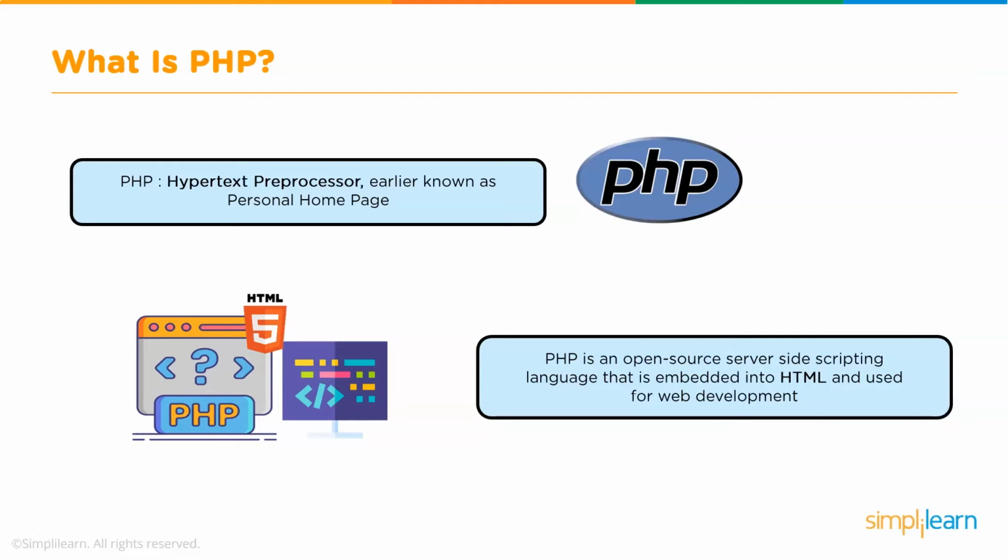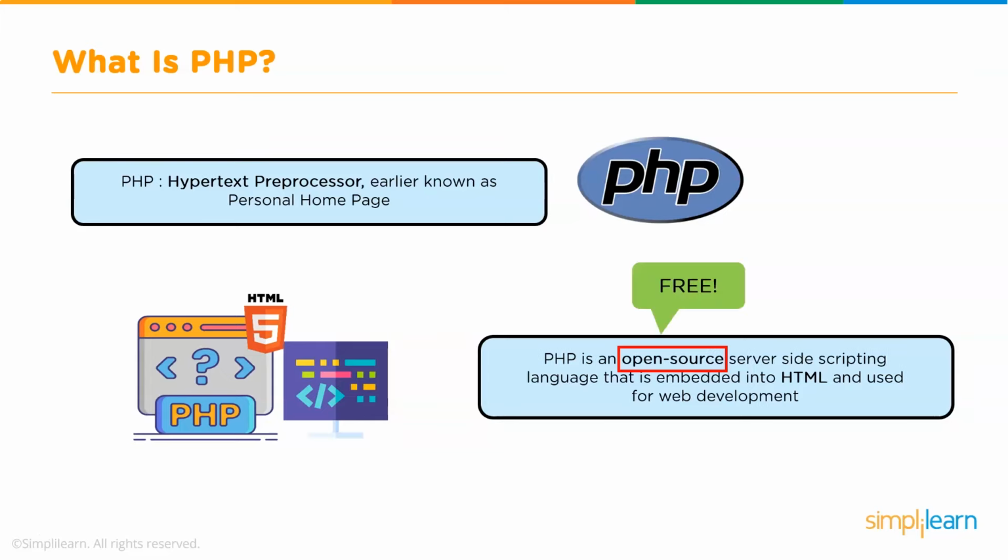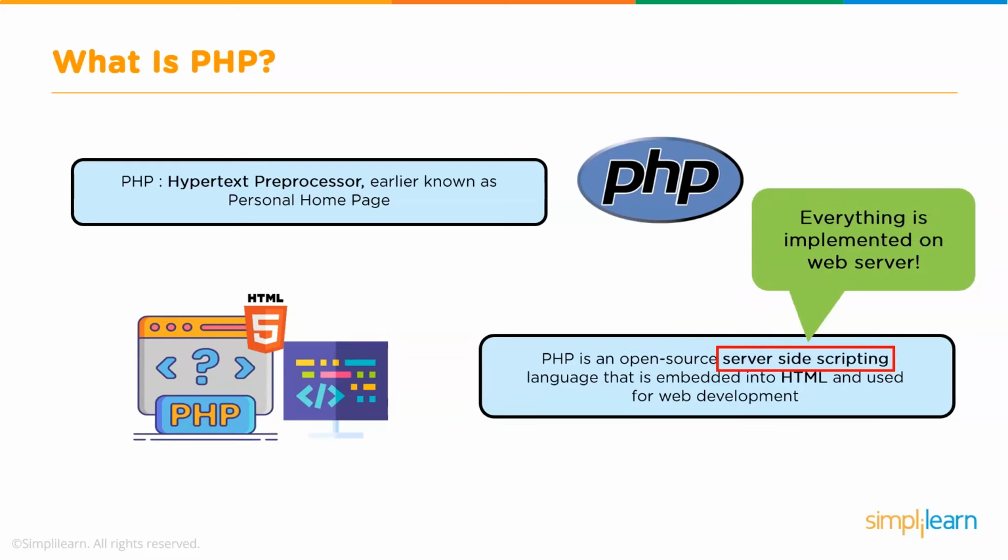Two main terms for focus here are open source and server-side scripting. Open source is a term for technology that is freely available to everyone, while server-side scripting means that the entire PHP script is processed on the server side while the user just enjoys the result.